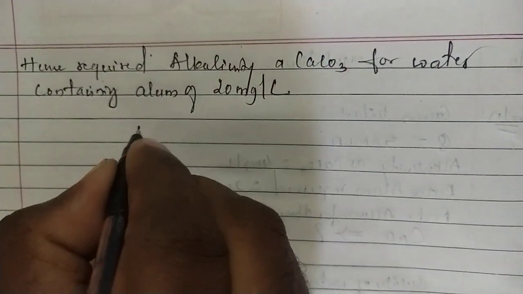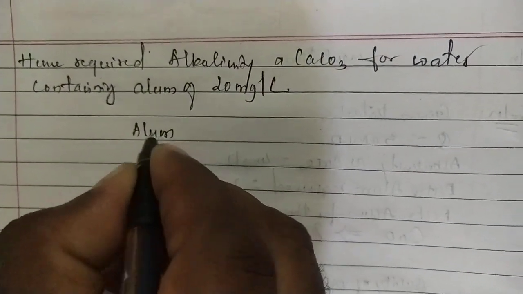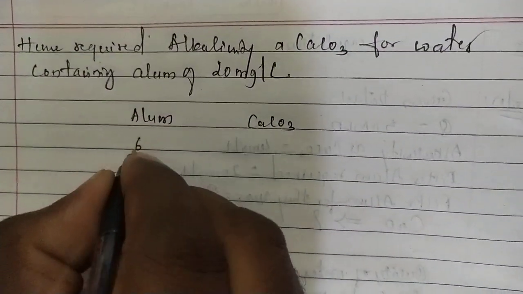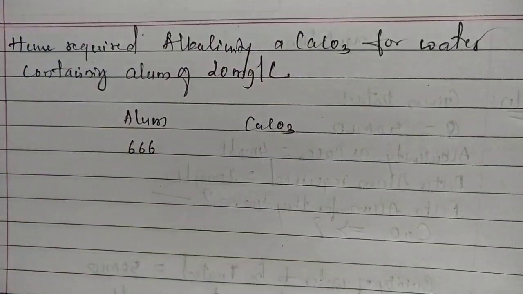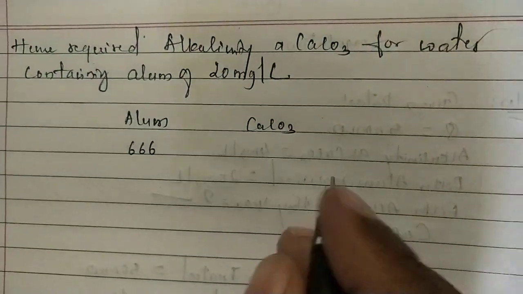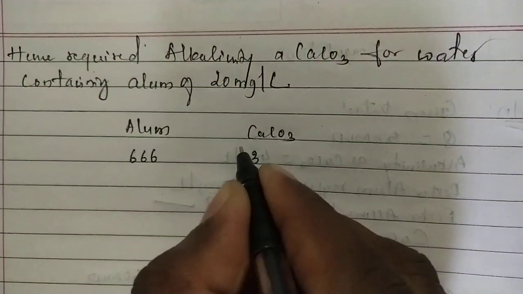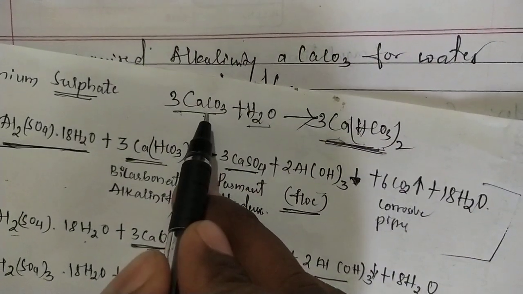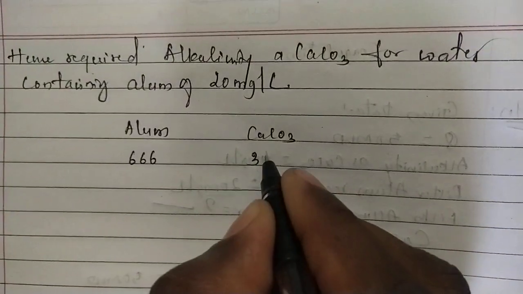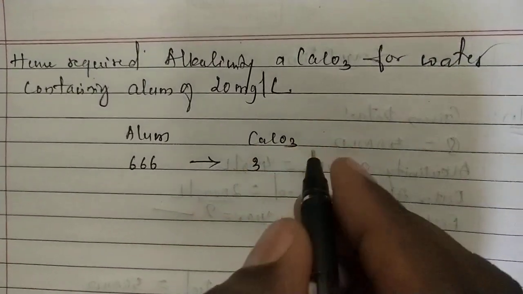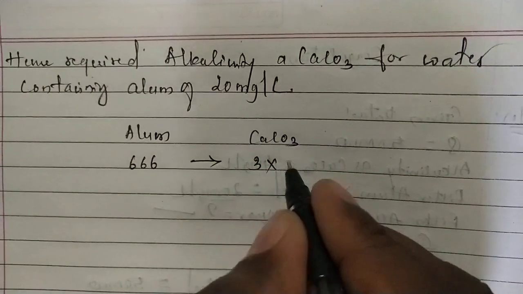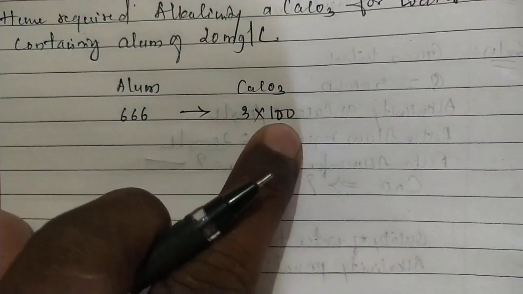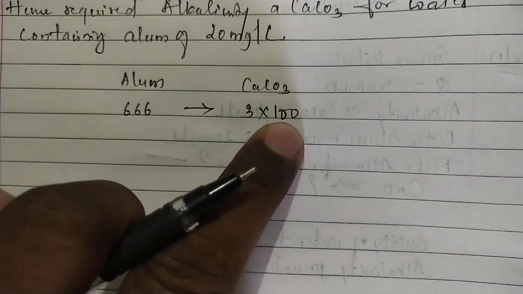For that we can find out alum and CaCO3. So alum is 1 mole, that is 666, and calcium carbonate is 3 moles, as we know from the equation. So here 3 moles of calcium carbonate means 3 into 100, since the molecular weight of calcium carbonate is 100.